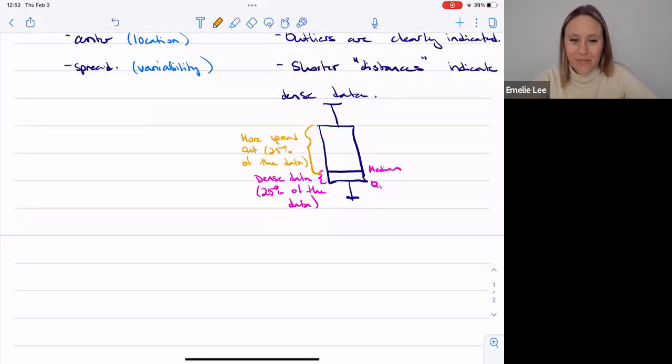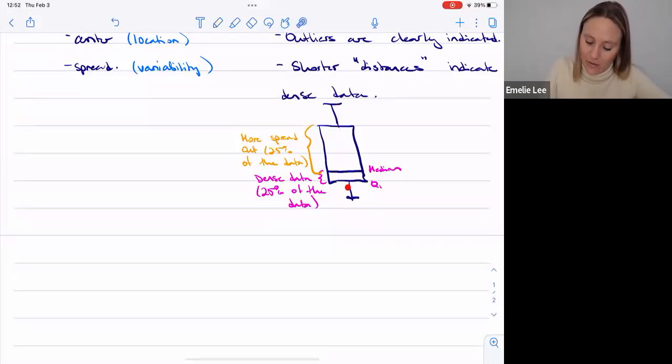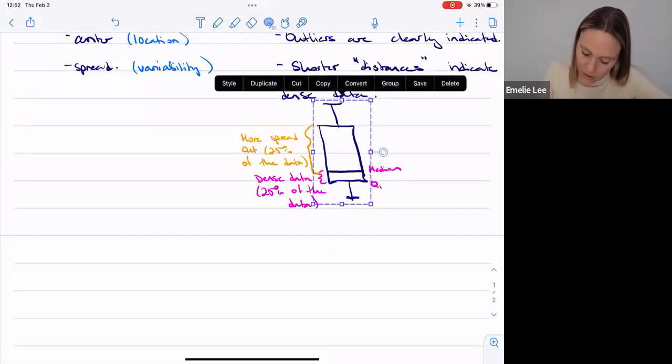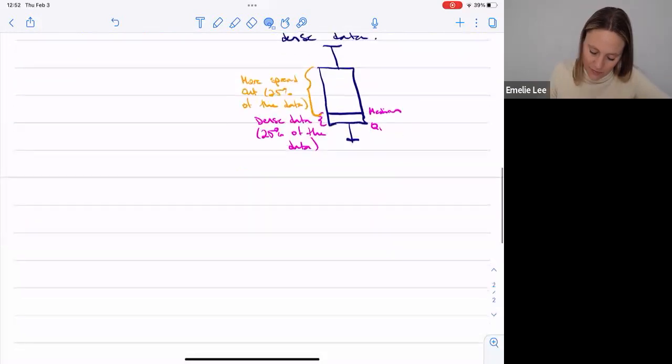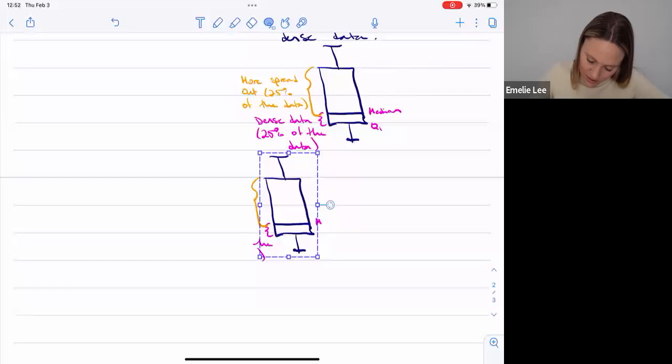Okay, so what does that mean in terms of the skewness? That's a great question. In this little example that I have, okay, let me try something. I'm going to take this because we're used to looking at it, and maybe I'll just copy it and paste it here.